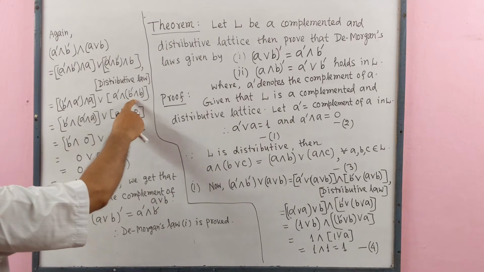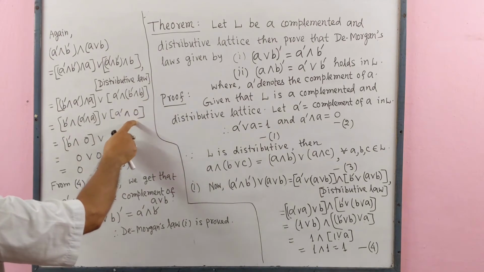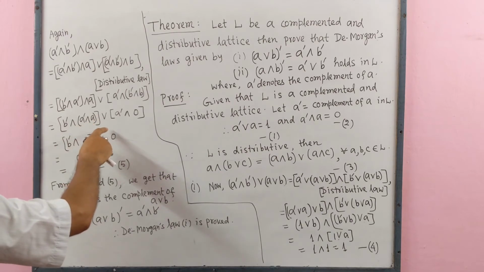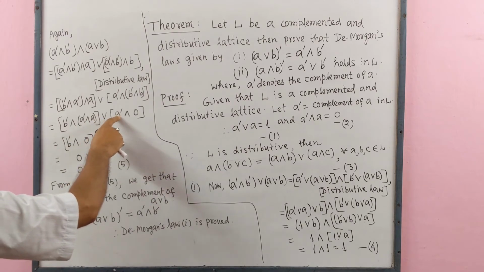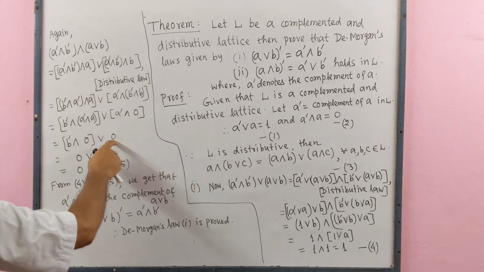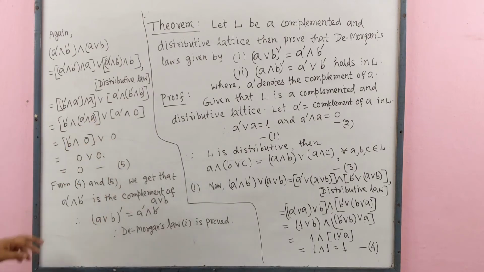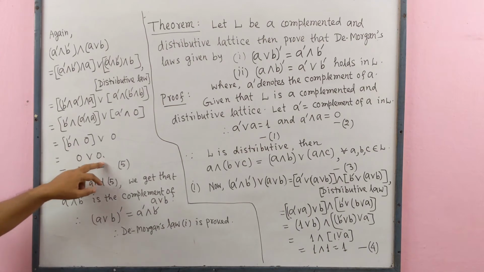Here B prime meet B means 0, and here A prime meet 0 equals 0. Here A prime meet A equals 0 and B prime meet 0 equals 0. That is 0 join 0 equals 0.